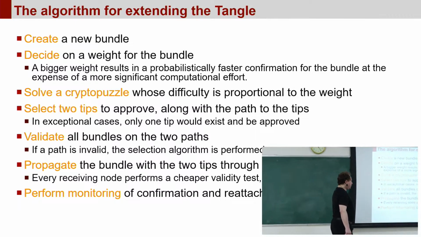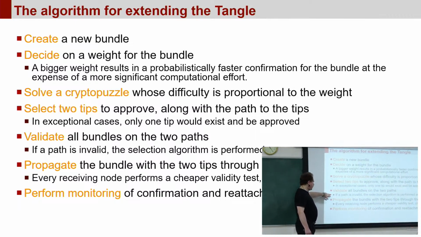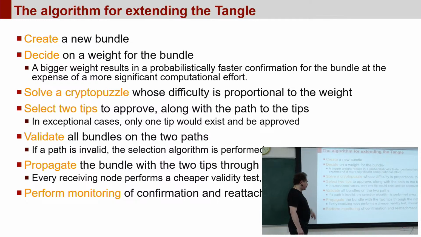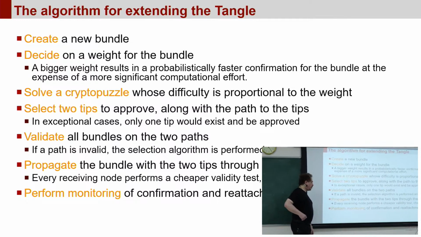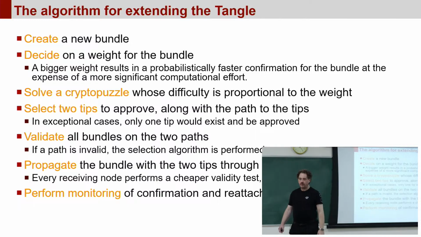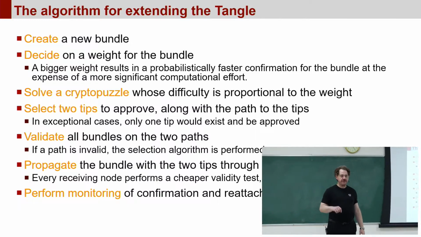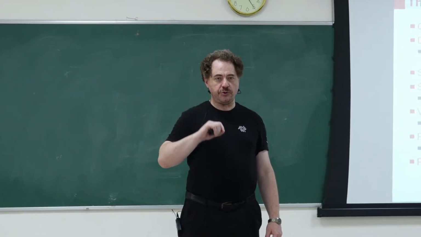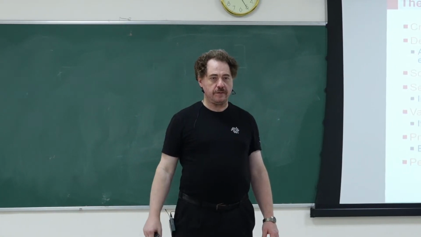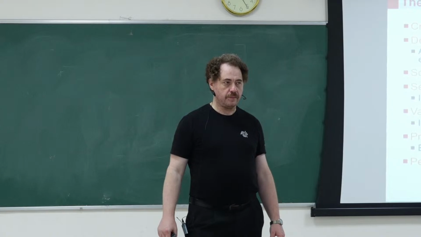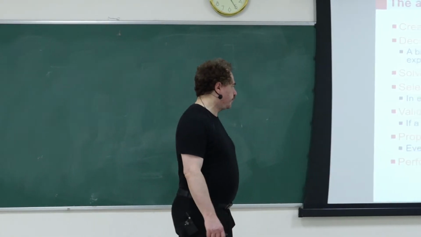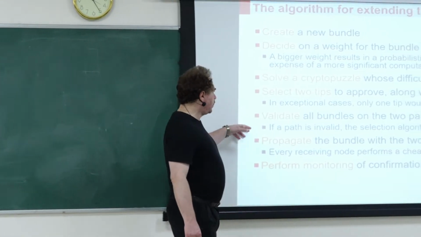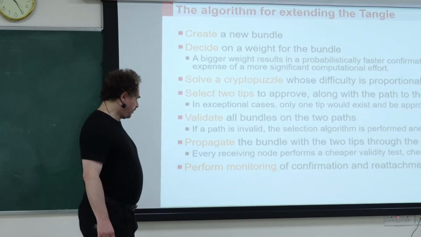And if there is a problem, for example, double spending is detected, then the selection algorithm for the tip and for the path is performed anew until the issuer finds a correct path.